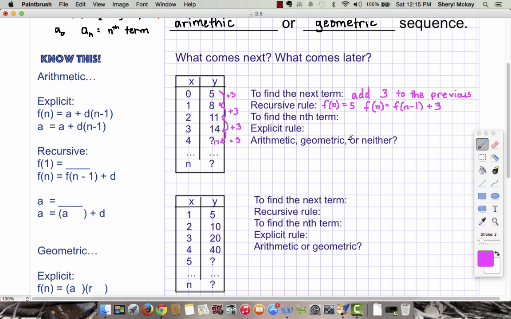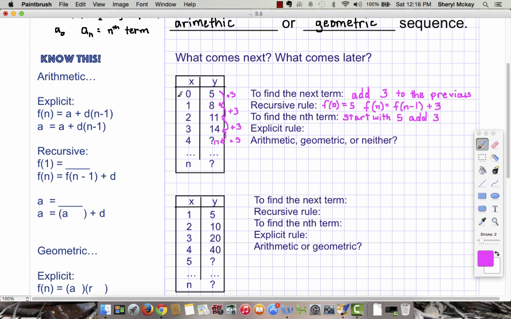Now to find the nth term, I have to start with 5. And I have to add 3. And how many times do I have to add it? Well, let's see.